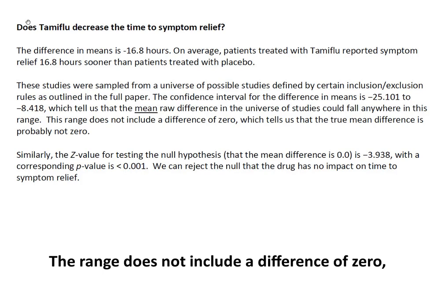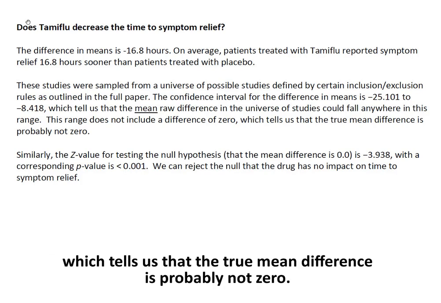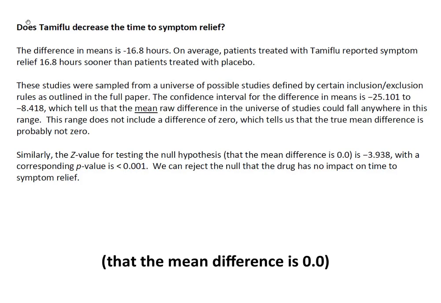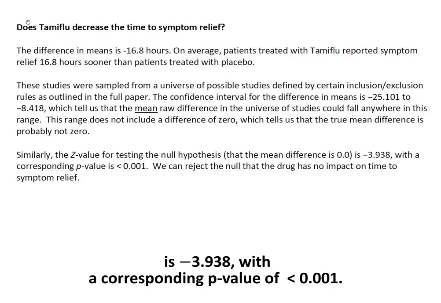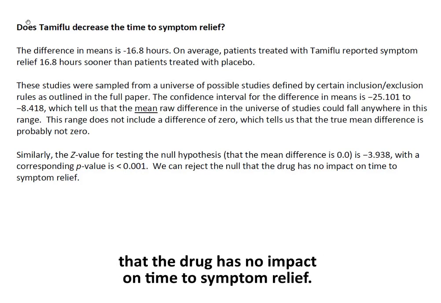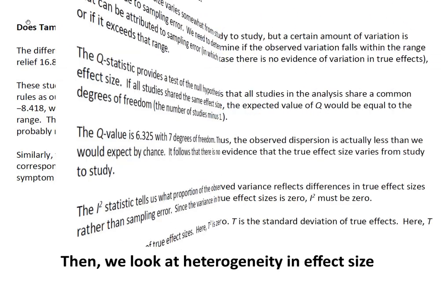The range does not include a difference of 0, which tells us that the true mean difference is probably not 0. Similarly, the z-value for testing the null hypothesis that the mean difference is 0 is minus 3.938 with a corresponding p-value of less than 0.001. We can reject the null hypothesis that the drug has no impact on time to relief.